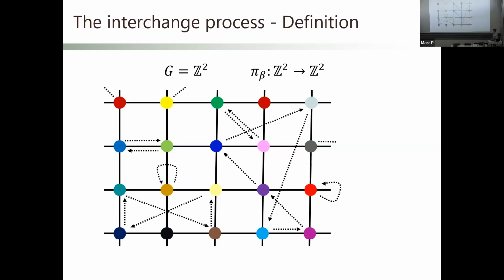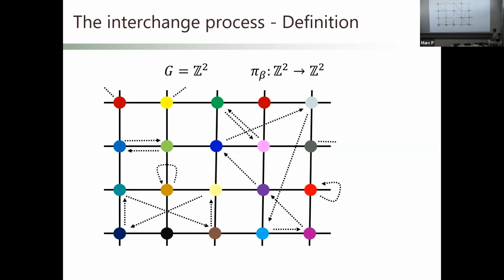And I'm going to think about this in continuous time rather than discrete time. So rather than doing one transposition at a time, on each edge of the graph, I'll have a rate 1 Poisson process. And when the Poisson process rings, I'll do a transposition on that. So it'll be happening as a continuous in time process.